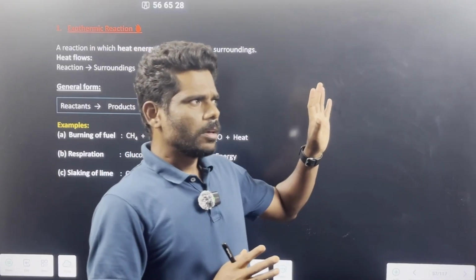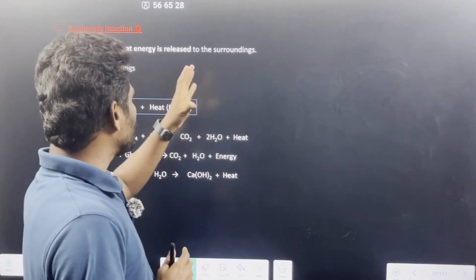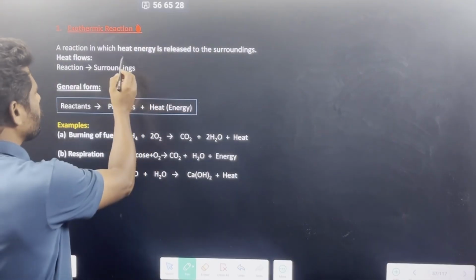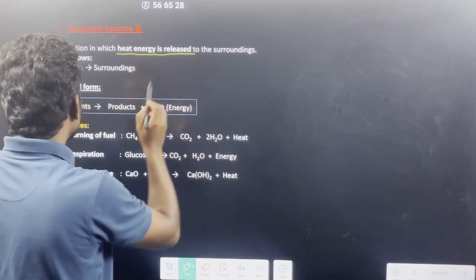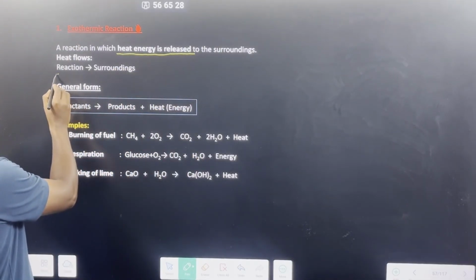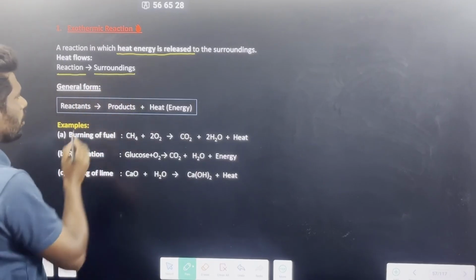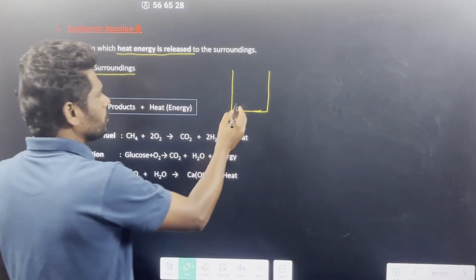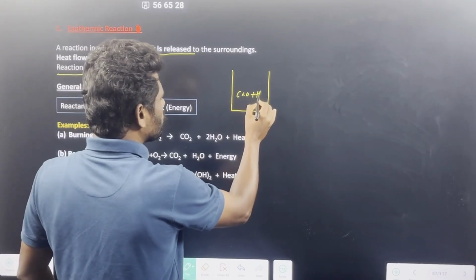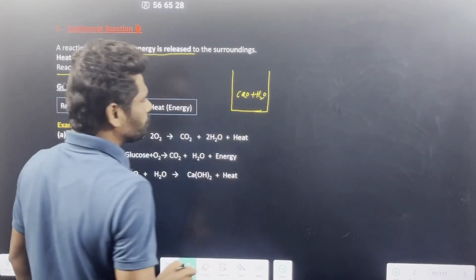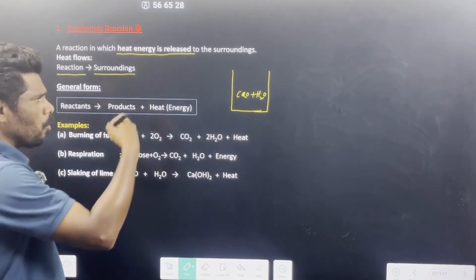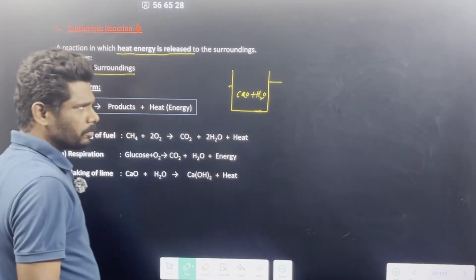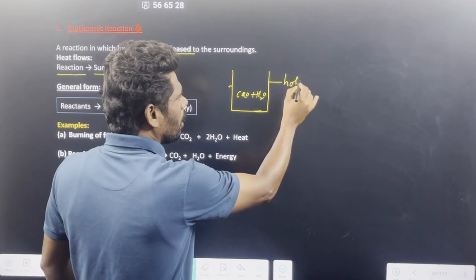If you look there, when the heat is released during any chemical reaction, usually it is called exothermic reaction, obviously. So if you look here, the reaction mixture and the surroundings. For example, I took some quicklime plus water. When you mix these two contents, if I touch the container, I will feel hot.